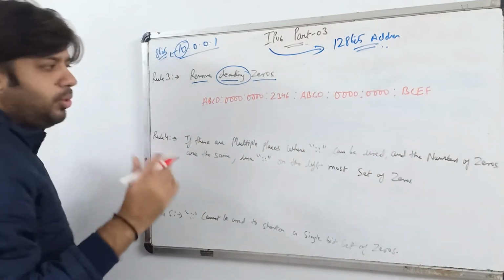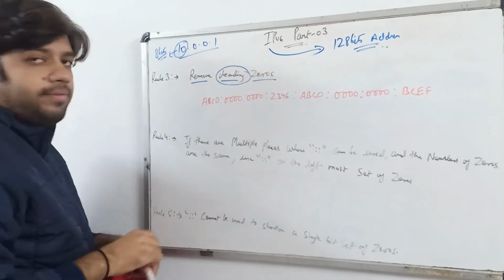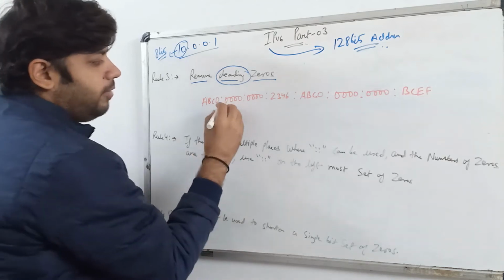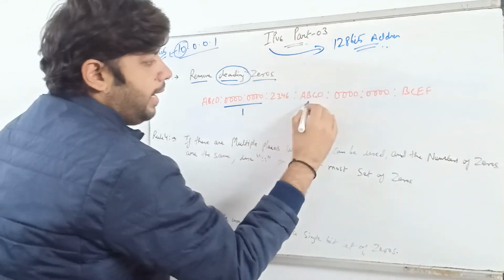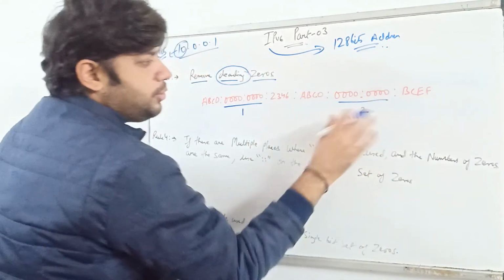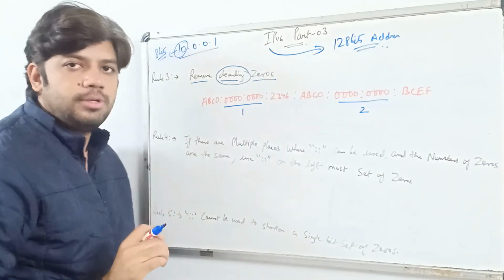Now you can closely see that in this whole IPv6 we have two consecutive zero sets. This is 1 and this is 2. These two segments have consecutive zeros.